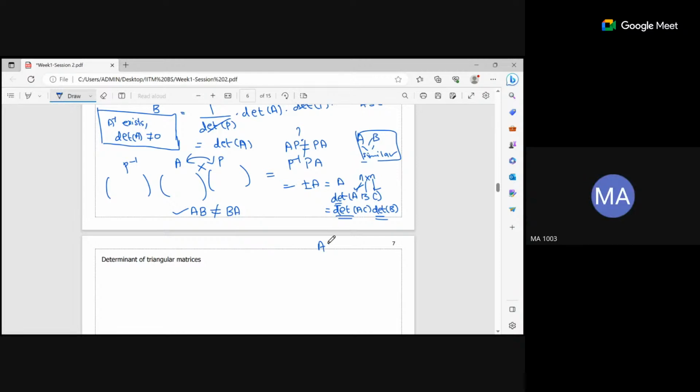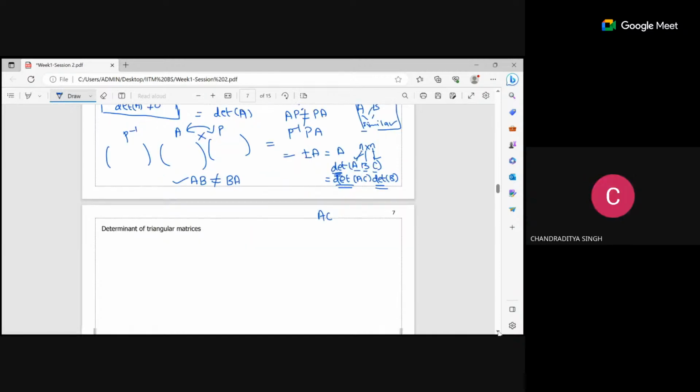Okay, fine. So, ma'am, suppose A is a 2 into 3 matrix, B is 3 into 2, and C is 2 into 2. Then multiplication is possible, no? But in that case, is determinant of A defined, or determinant of B, or determinant of C? You want each of the determinants to be defined, so each of them must be a square matrix, right?